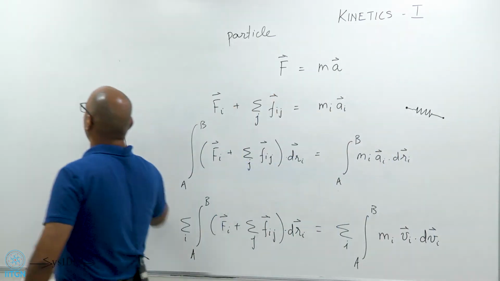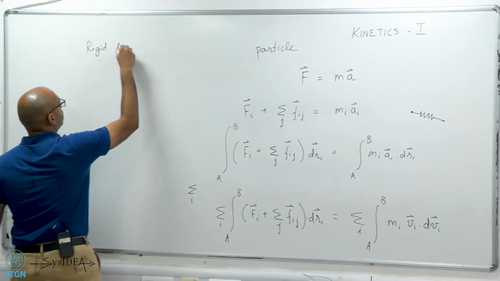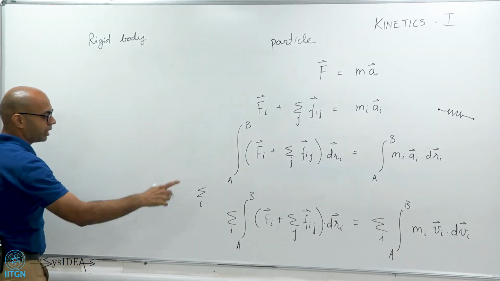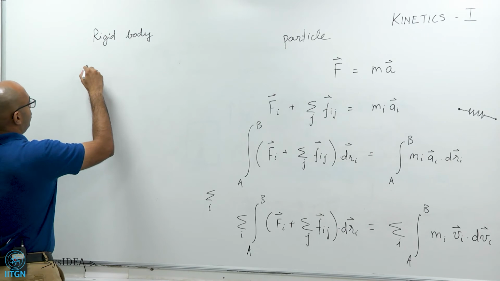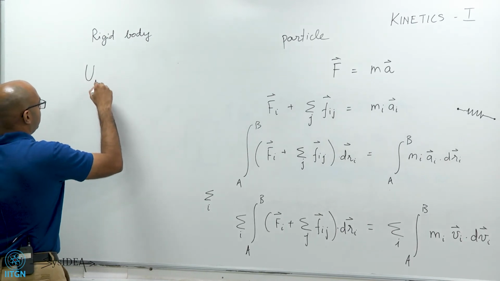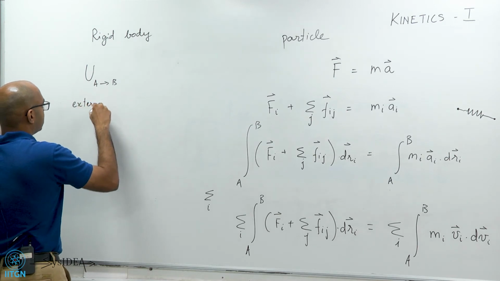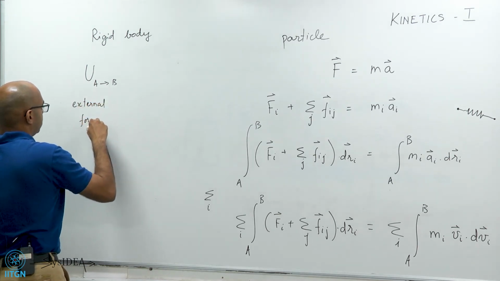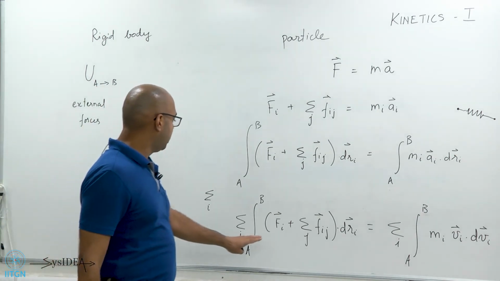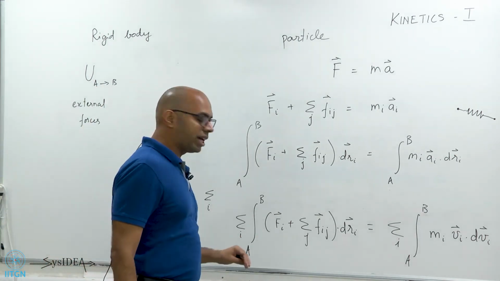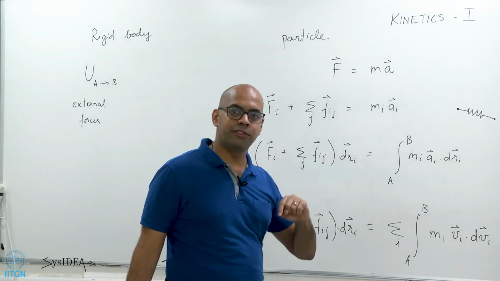So when I am talking about a rigid body, without going into the details of the derivation, you can intuitively see right away that this becomes total work done going from A to B only due to external forces. Now one thing to keep in mind here is, even though we say total work done by external forces, each force could have gone through a different displacement.